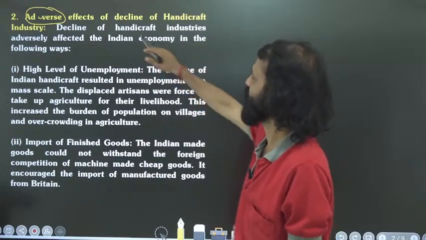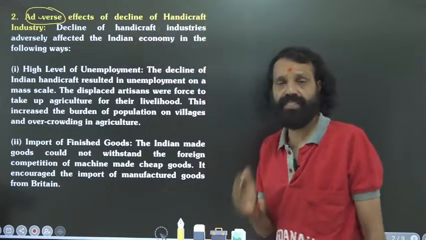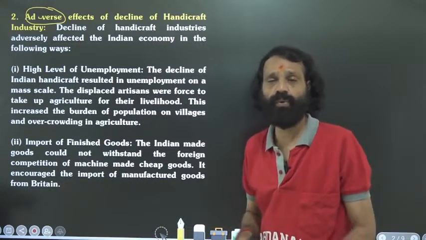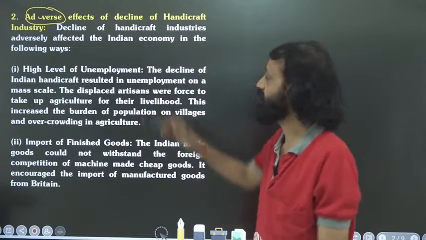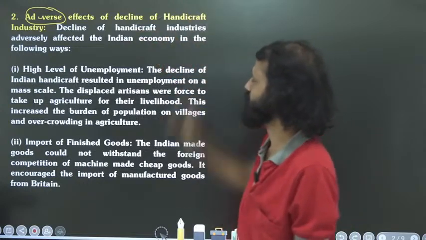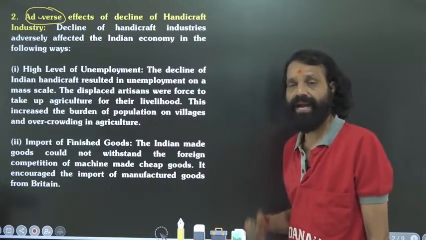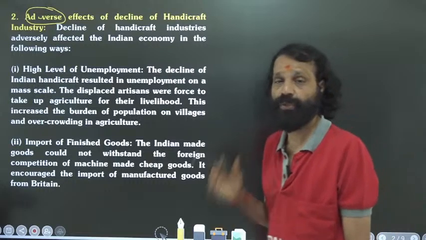How did India's economy get affected because of the decline of the handicrafts industry? It badly affected the Indian economy's growth.